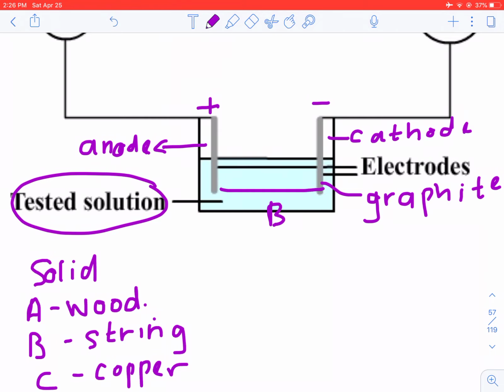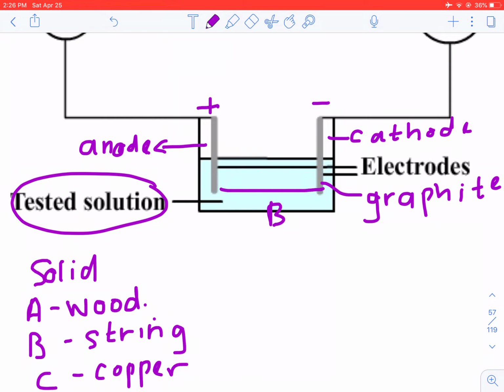There's no current flowing in that circuit, because wood and string are not conductors, they are insulators, so they don't allow the current to flow through the circuit.